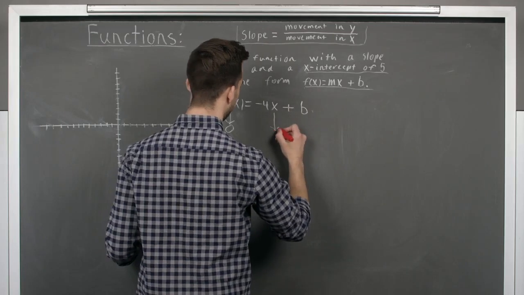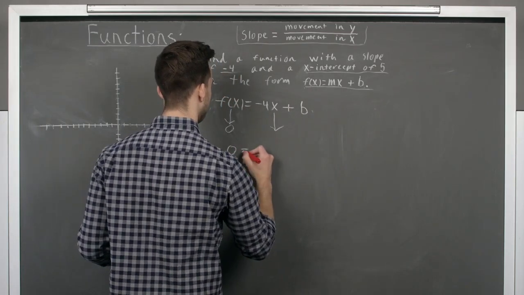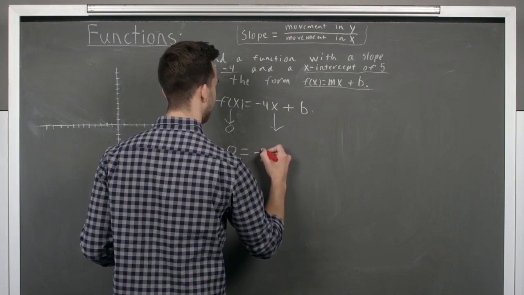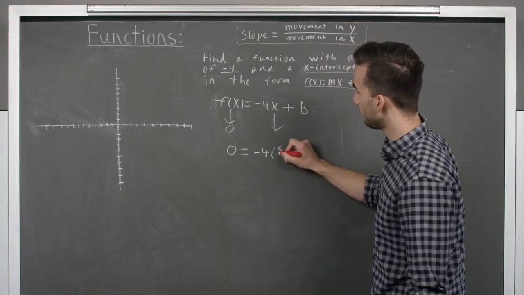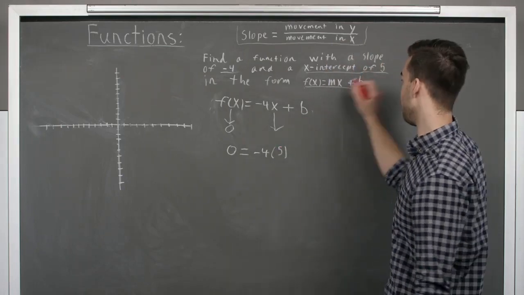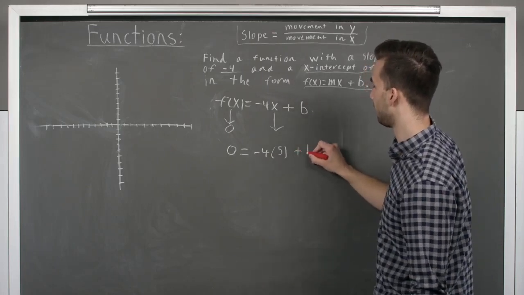So our x is 5. Let's go ahead and rewrite this. So 0 is equal to -4 times 5, right? Because that's what we want our x value to be based on the problem. And then we have plus b.